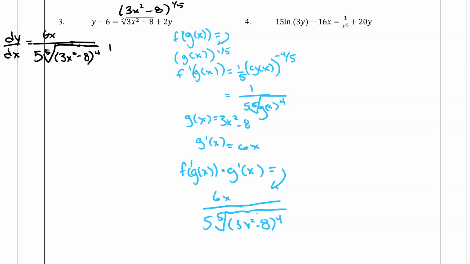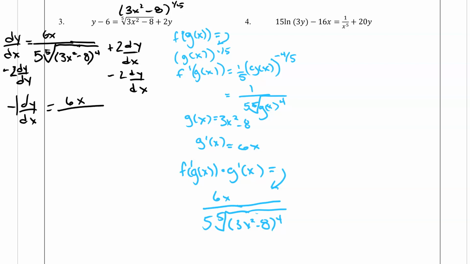All right, and then derivative of 2y is 2 dy dx. So the only term with dy dx that we have to move to the other side is that 2 dy dx. 1 dy dx minus 2 dy dx is negative dy dx. Put a 1 there just so it's clear what we're about to do. Right hand side stays that hot mess.